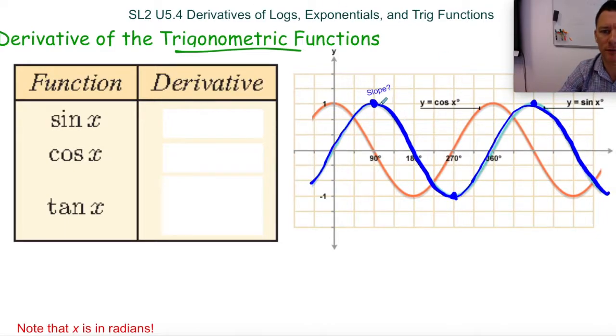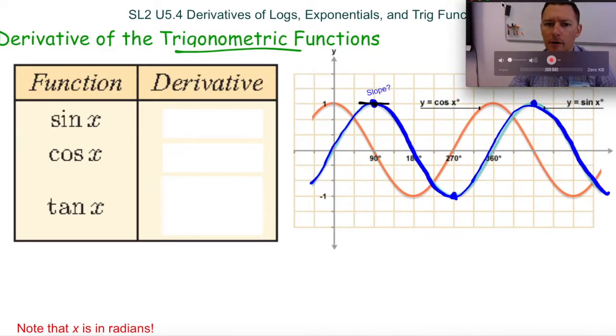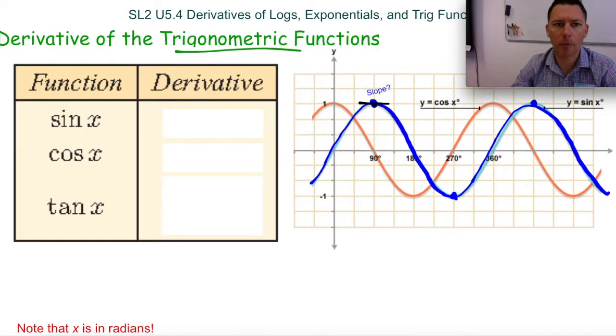If you think about the slope here at point A, this slope is flat, right? It's where it tops out. So the slope there is 0. So I'm going to put a dot down here at 0. And the slope down here is 0 also. And the slope here is 0 also.